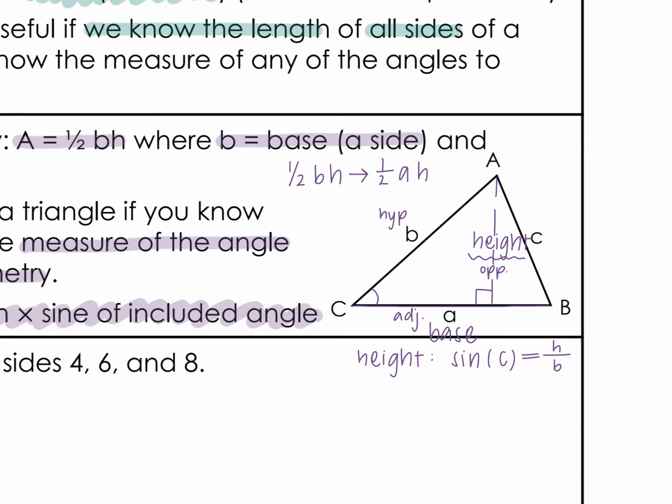Then using my algebra skills, I'm going to solve for h by multiplying that denominator, that b, to the other side to get that h is equal to b times sine of angle C. So I'm going to come over here, and once again, I'm going to replace this. I'm going to have 1/2 of a times now b sine of C, because that's what my height is.